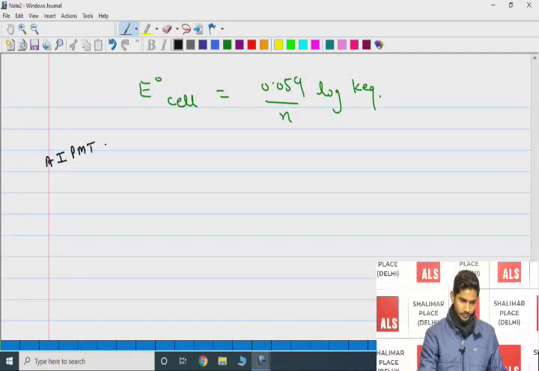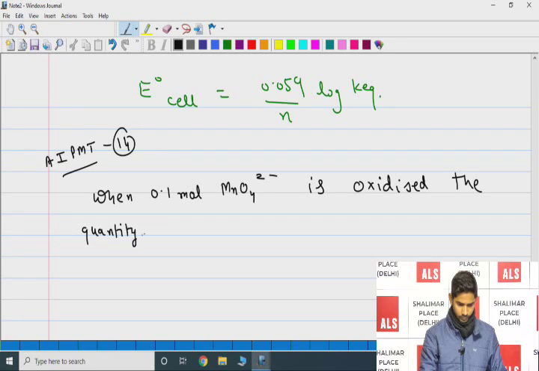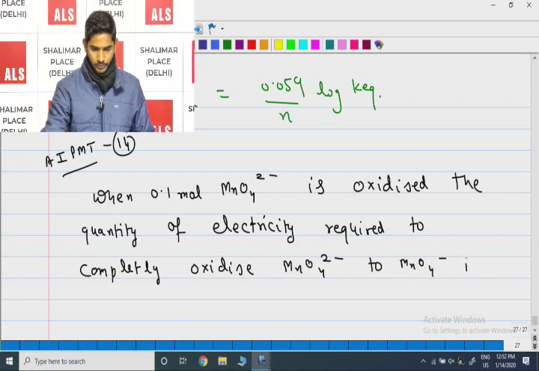This is in AIPMT 2014. Question is, when 0.1 mole MnO4 2 minus is oxidized, quantity of electricity required to completely oxidize MnO4 2 minus to MnO4 minus is.